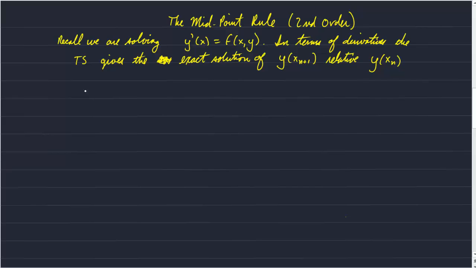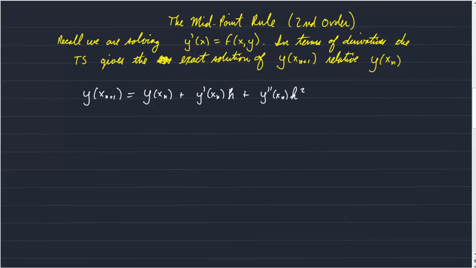And the Taylor series is y of x at point n plus 1 is equal to y at point x sub n, with this notation, this is the exact solution, plus the first derivative evaluated at point x sub n times the step size, h, that's the difference in position between point n plus 1 and point n, plus the second derivative of y evaluated at our reference point times h squared.